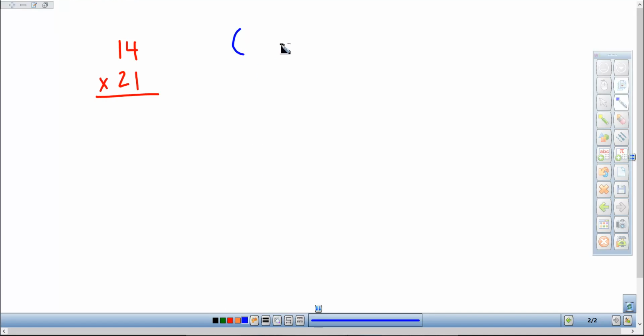First, I'm going to say that if we had 14 times 21 as this, we would have no trouble just multiplying it. Finding the answer to 14 times 21, we'll get that figured out either by doing this method or a calculator or what have you.